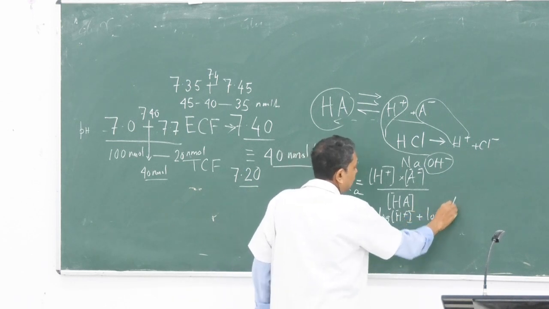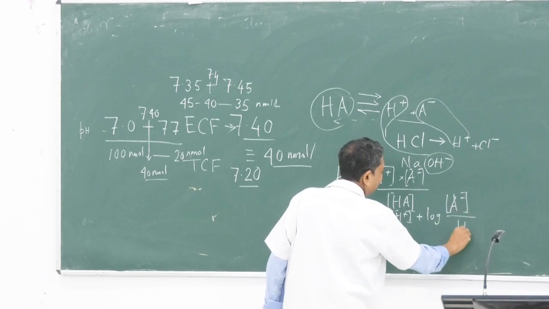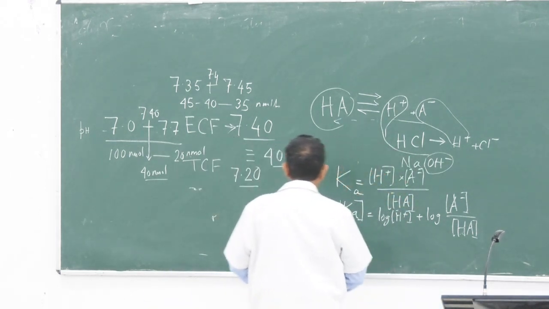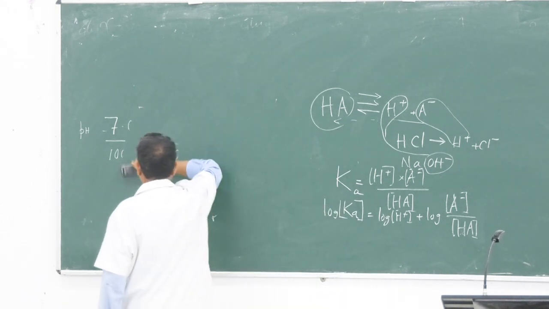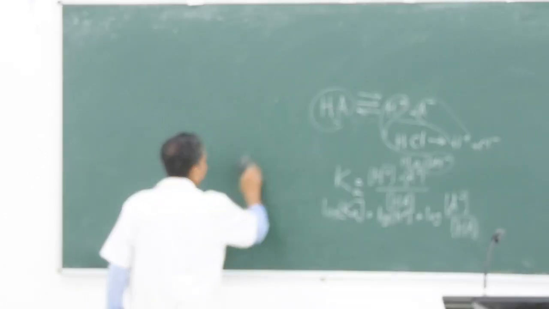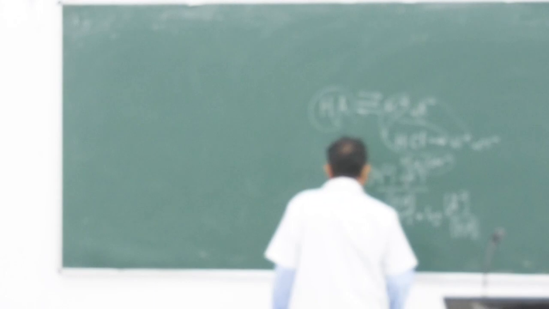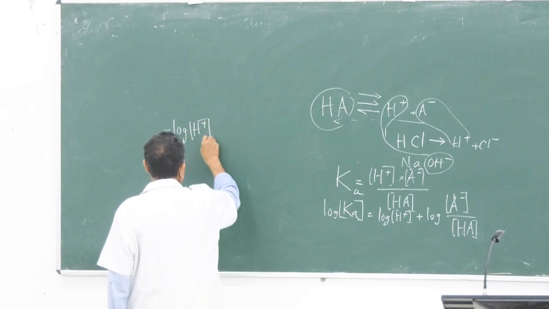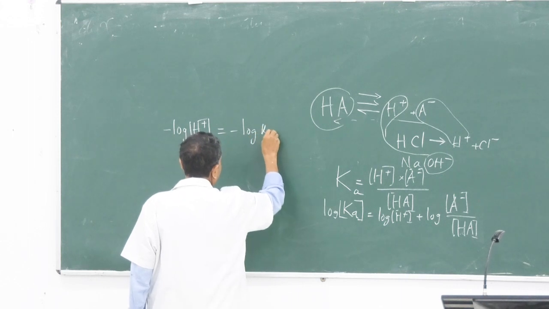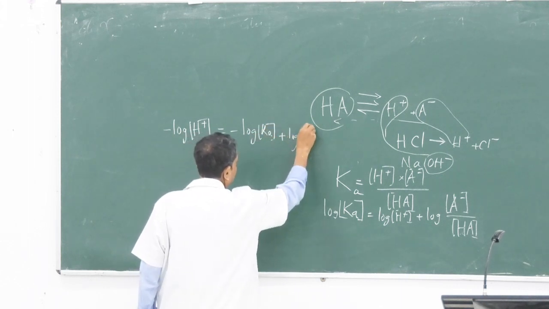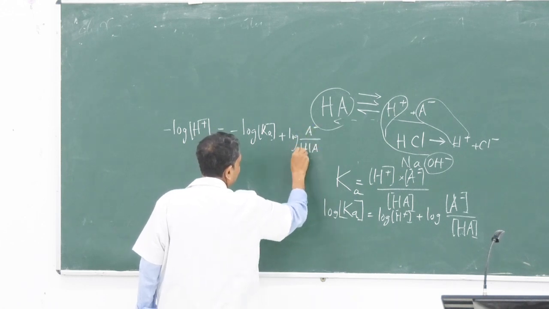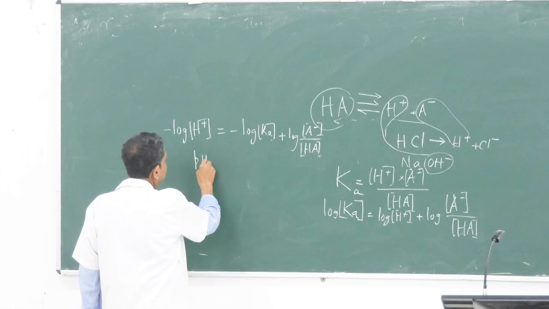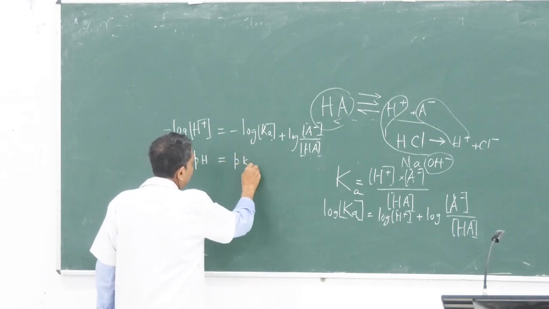You can rearrange the equation, and then you get minus log hydrogen ion concentration is equal to minus log K plus log, that is, pH is equal to pK plus log.